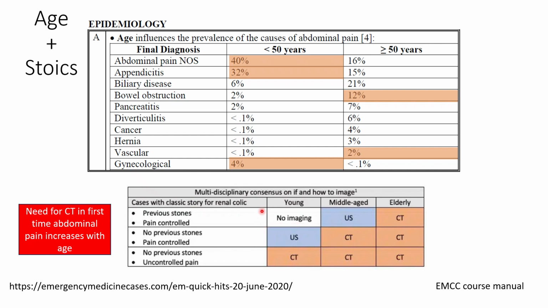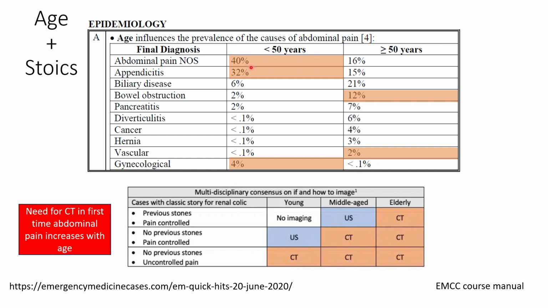There is an argument to be made that they should have a CT scan to know that they have two functional kidneys and don't have just one kidney. But usually, diagnostic wise, they don't necessarily need it. But as you can see, the older the patient gets, middle-aged, elderly, and patients with no previous stones and high amounts of pain, these patients, the older they get, they need CT scans.